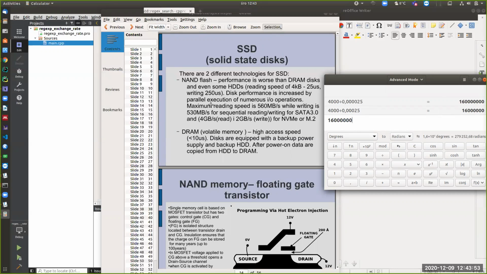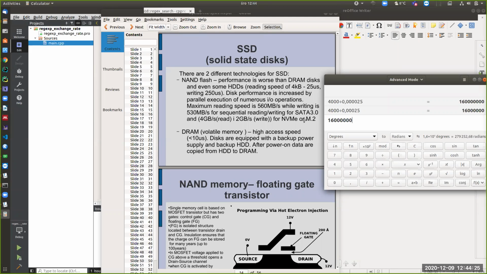So why is the performance of solid state drives definitely better than the performance of hard drives, HDDs? Because if you connect an average SSD, you can get, let's say, more than 500 megabytes per second in read and write.